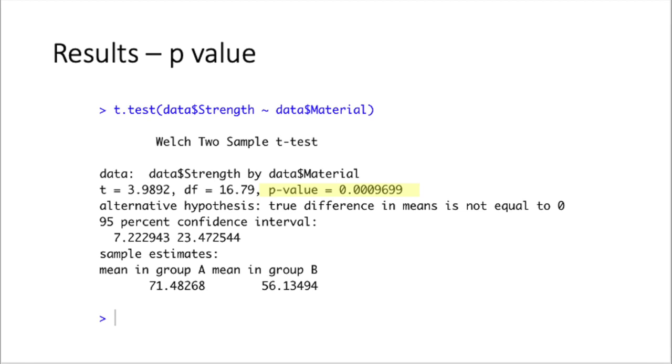And it's really important that before you start your experiment, you decide what that p-value cutoff is. What's the p-value that I need to get below to claim that there is a difference? A lot of scientists will use 0.05.